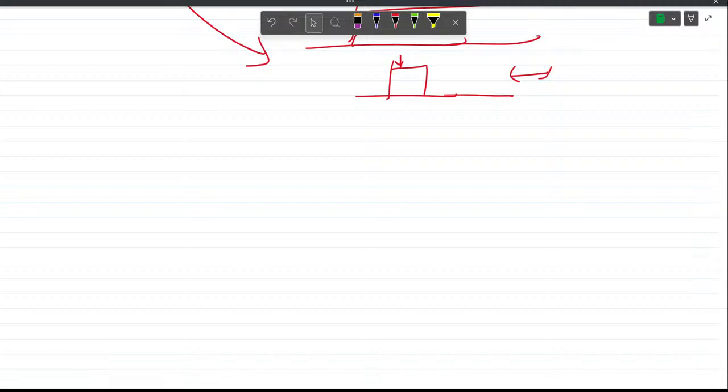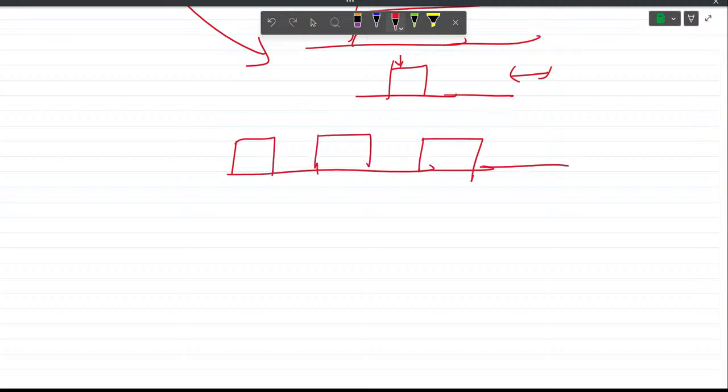Then another thing is periodic functions starting from t equal to 0. Suppose you have a periodic function like this. How do we find its Laplace transform? Let's say x of t is equal to x of t plus nT, where n is an integer.